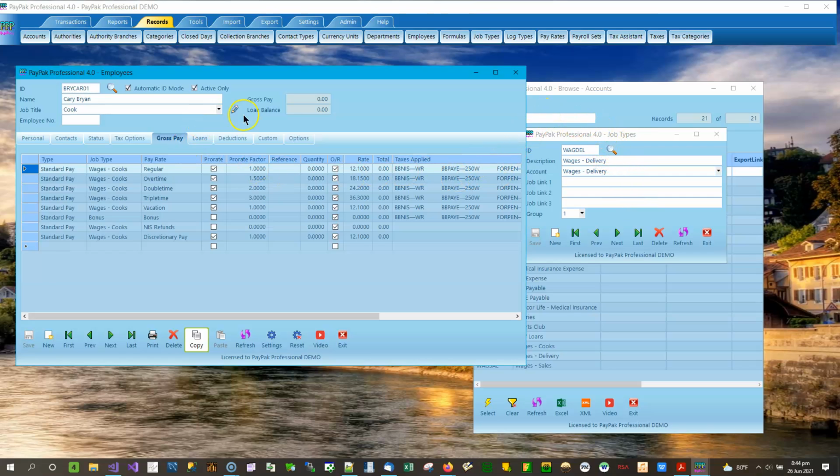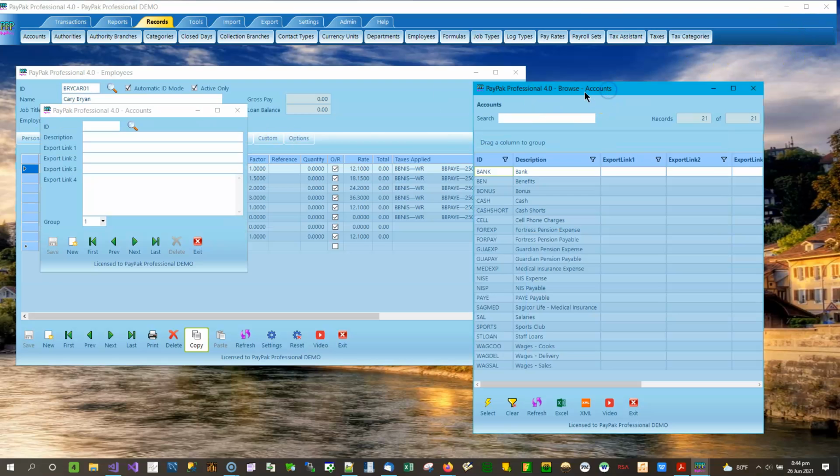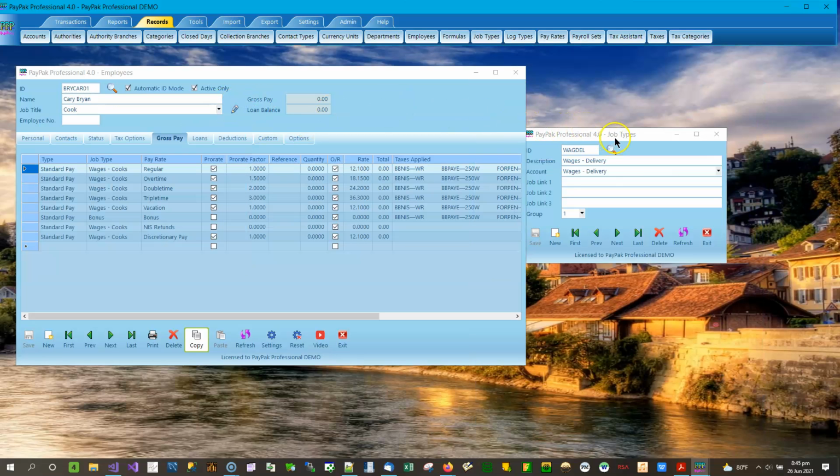And the entry there would be a credit to the payroll clearing account or the bank account of $1,000, and a debit of $400 to the wages delivery, and a debit of $600 to the wages cooks. So that's the second part of the equation here, after the payroll clearing account, the bank account for the payroll set.